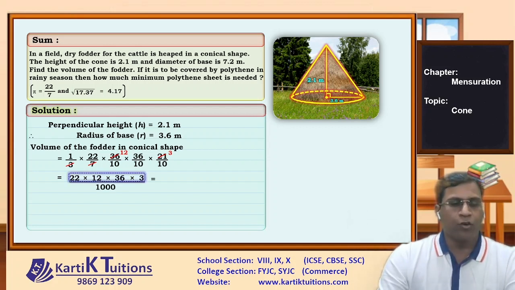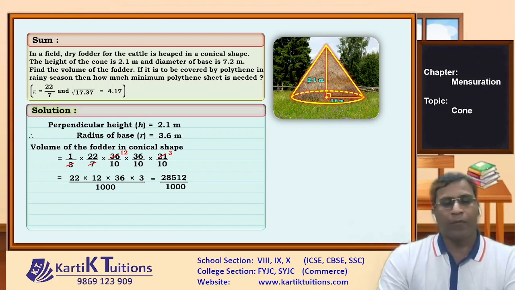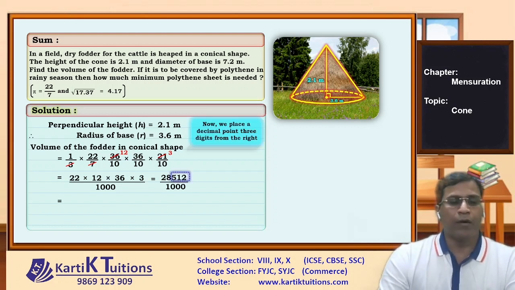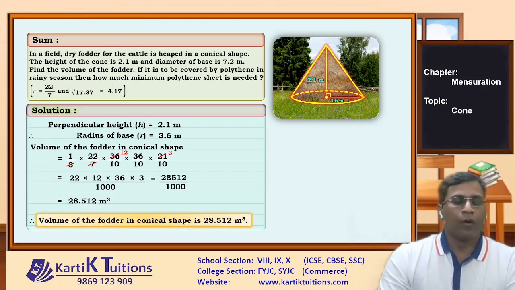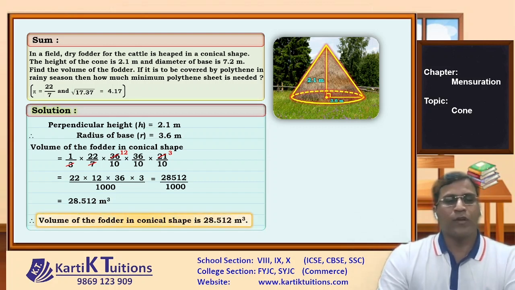Now when you multiply the numerator, you will get 28512 upon 1000. अभी डिनोमिनेटर में 3 zeros है तो डेसिमल 3 डिजिट फ्रॉम राइट के पहले लगाना पड़ेगा. So it will become 28.512 meter cube. So the volume of the fodder in conical shape is 28.512 meter cube. I hope you have understood it here. Let's move to the next part of the sum.